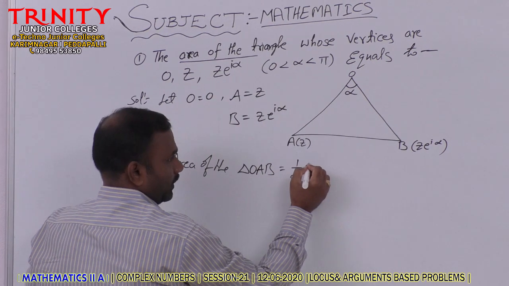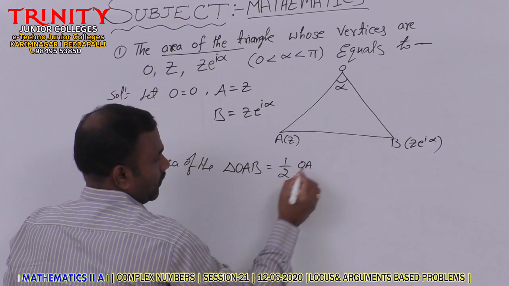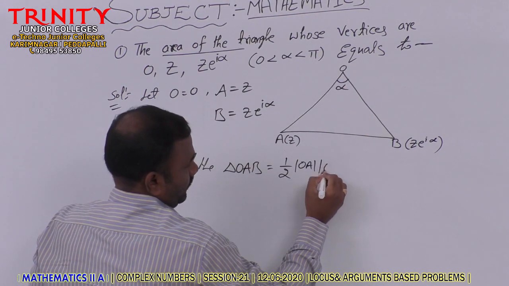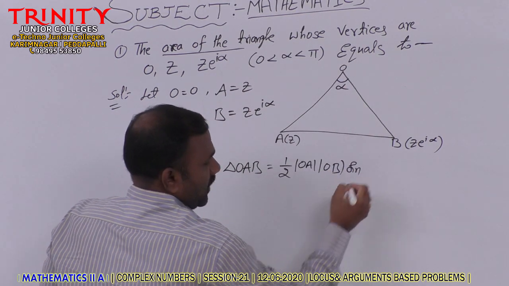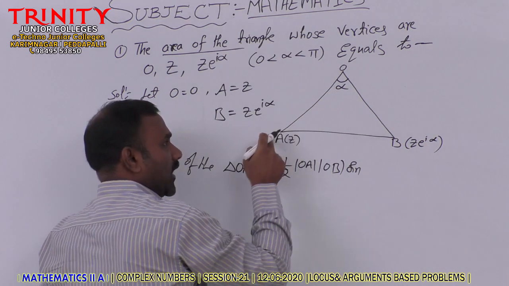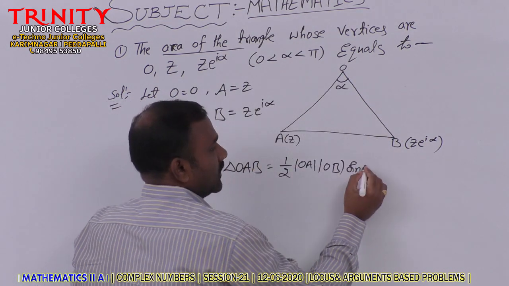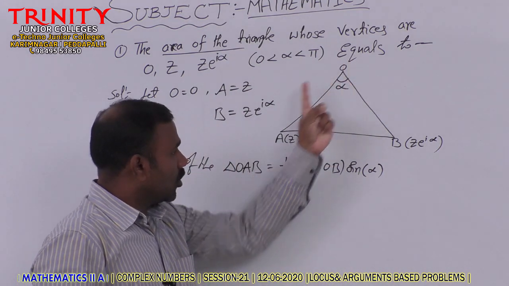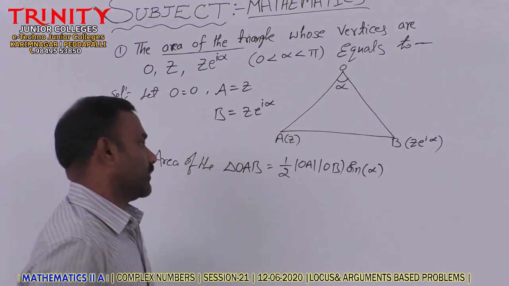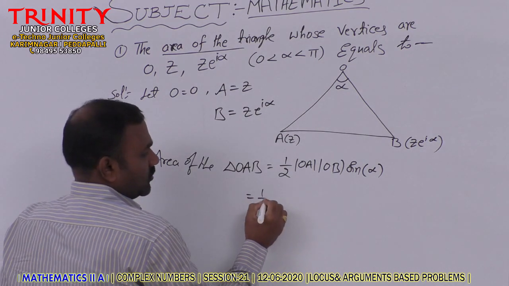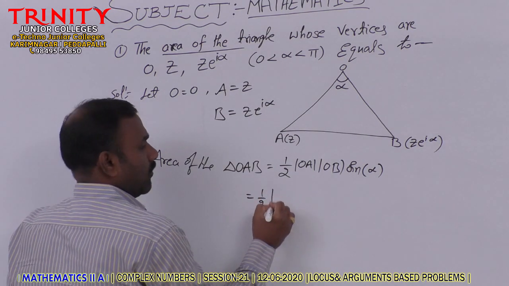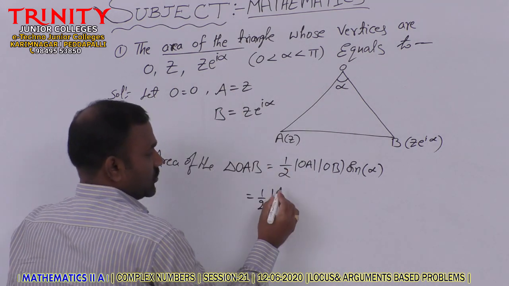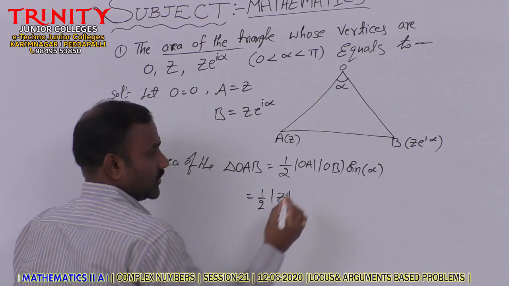OA mod OB sine of angle between OA and OB, that is nothing but alpha. Sine of angle between OA and OB, 1 by 2 mod OA, that is nothing but z distance.